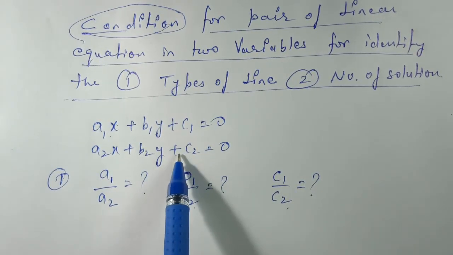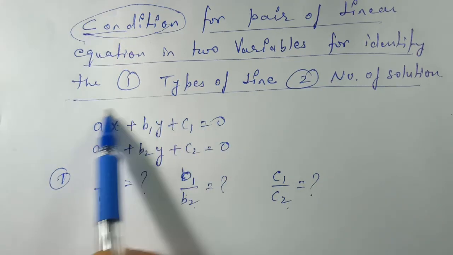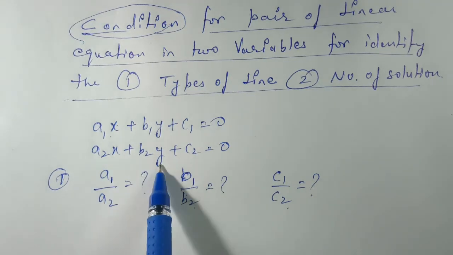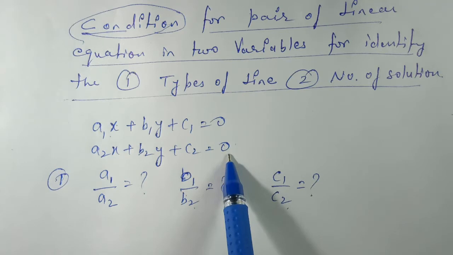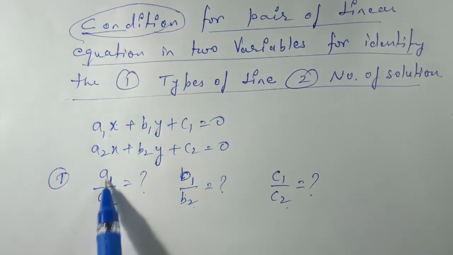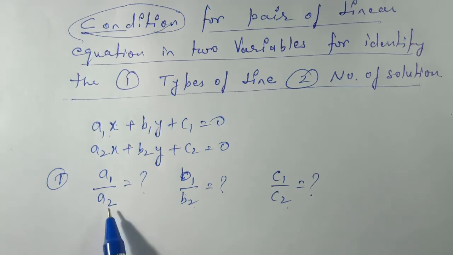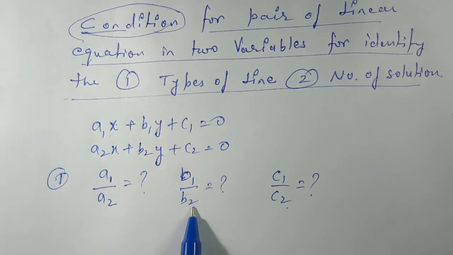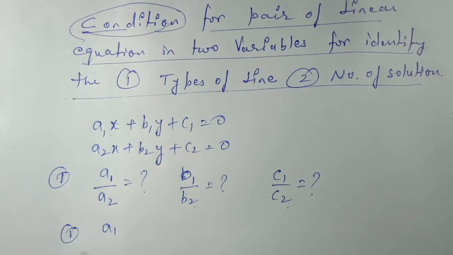But one thing you have to remember: whenever a pair of linear equations is given, we first have to arrange them according to the general form. It means that on the right hand side there should be 0. Then after finding these three ratios, we have to check whether the first two are equal or not.